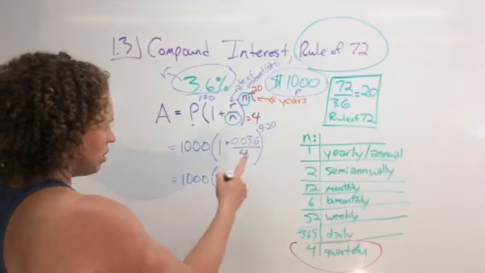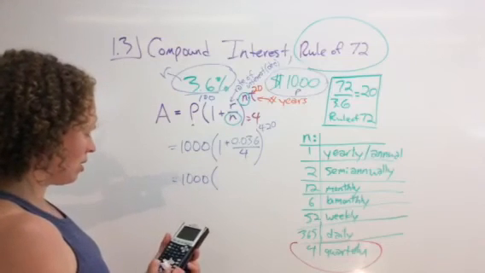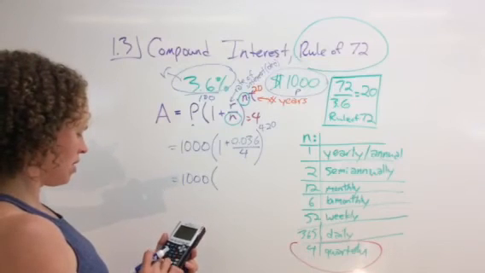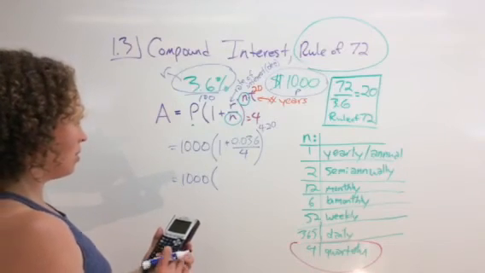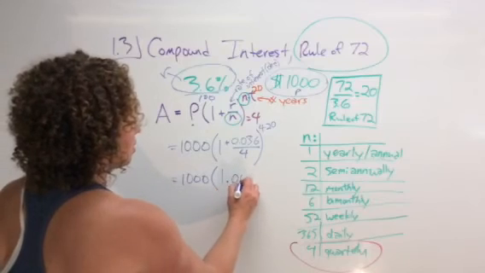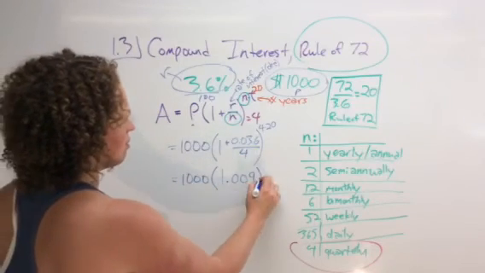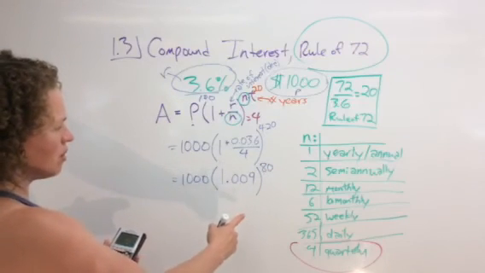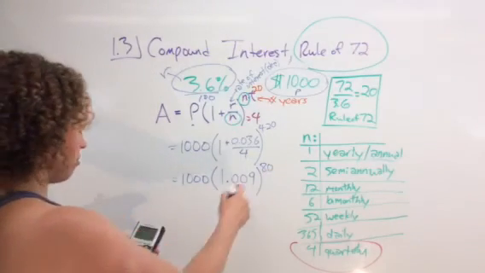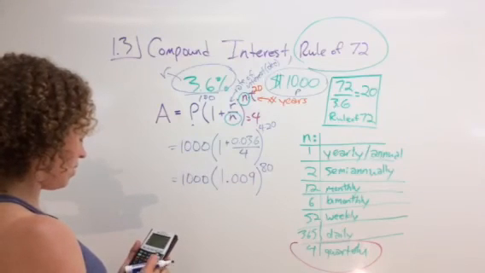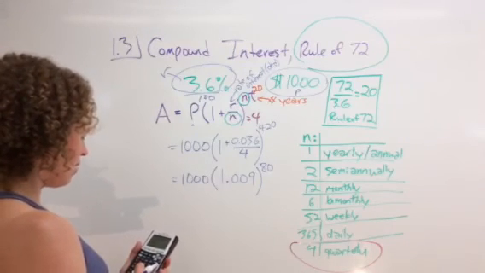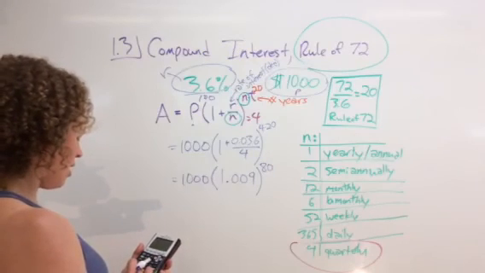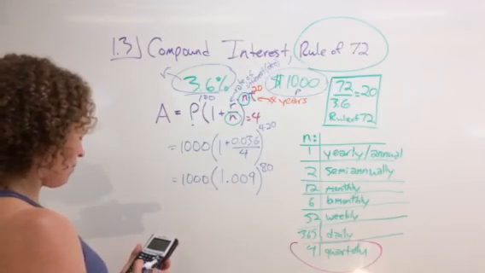So in my calculator I divide 0.036 by 4, which gets me 0.009, so this is 1.009. I solve this by itself, and then 4 times 20 is to the power of 80. So that's a much simpler thing to solve. I'm just going to solve 1.009 to the power of 80. Sounds like a big number, but it's just 1, so not a big deal. And then I'm going to multiply that by 1,000.